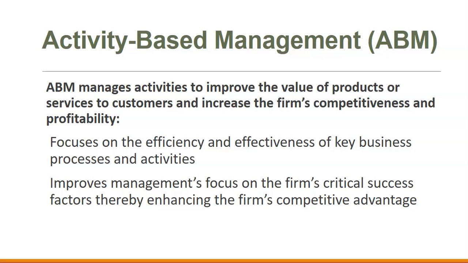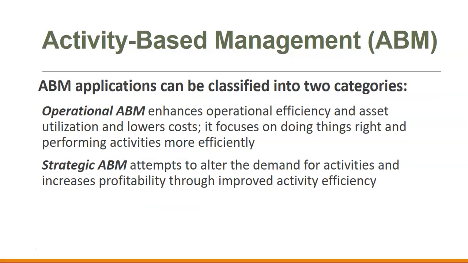When we're looking for activity-based management and strategy, we're looking to focus the efficiency of our key businesses, processes, and activities. So we want to be looking at ways that we can improve our current processes and activities. So we have two different categories of activity-based management. We have operational and strategic.